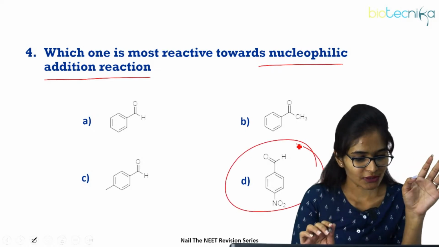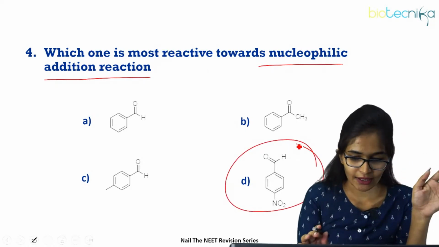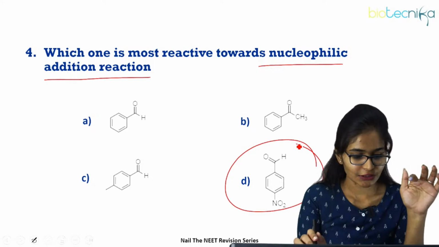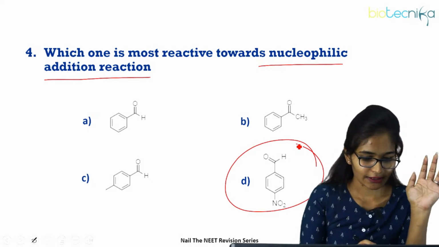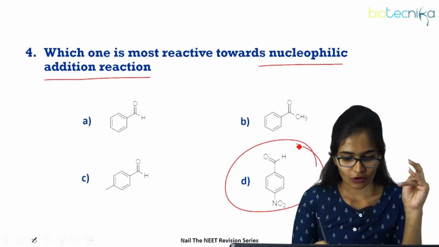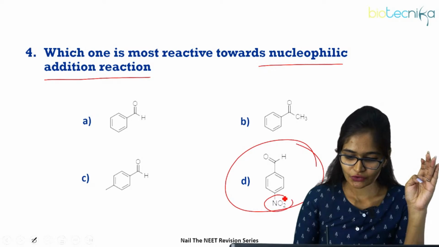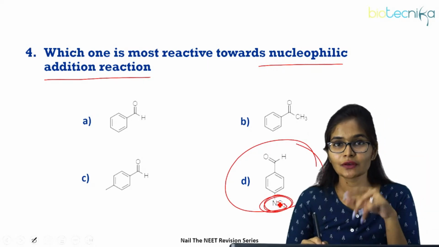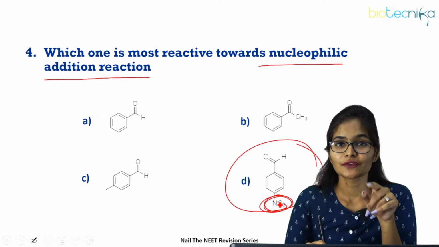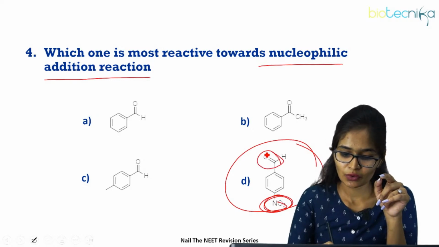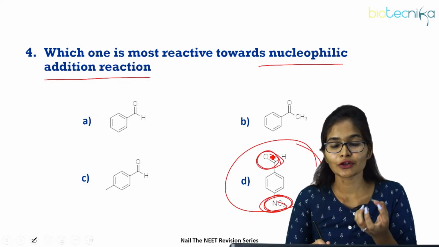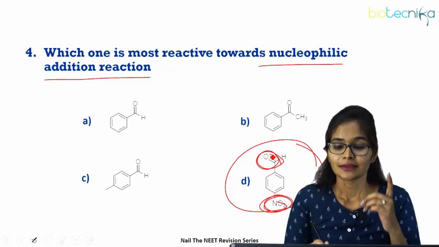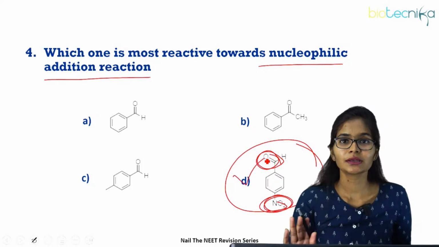In the given options, option A is an aldehyde, the second option is a ketone, and the third option is an aldehyde. In option D, we have an electron withdrawing group at the para position, and we know that it will make the electron deficient carbonyl carbon even more electron deficient by withdrawing electron density towards it. That's why option D has to be correct here.